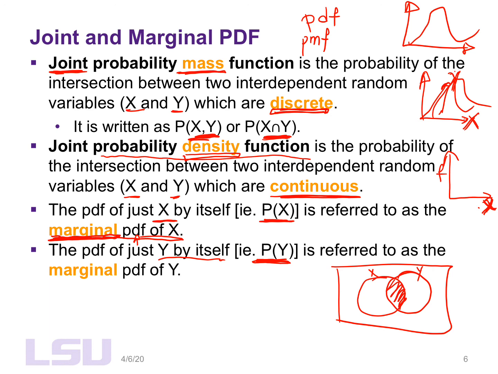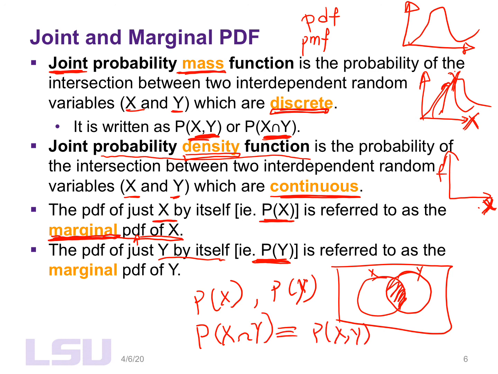So now you know what marginal probabilities are. That's Y. And you know what joint probabilities are, which is equivalent to this. So these will give you a 3D dome, right? And this will give you the same thing we've been looking at since the beginning of this course.